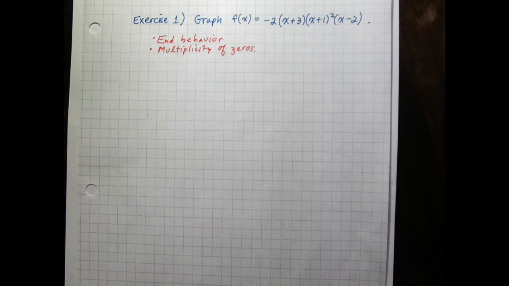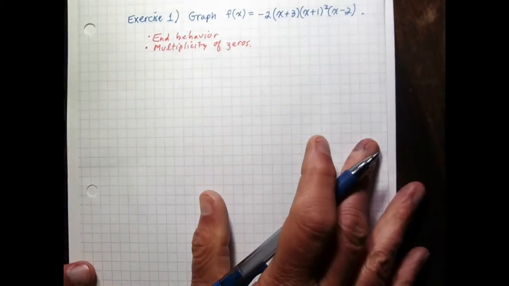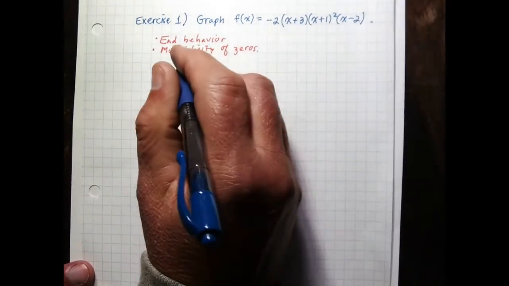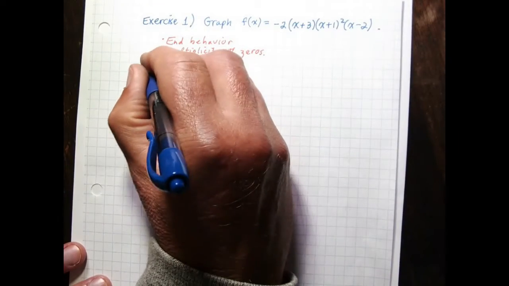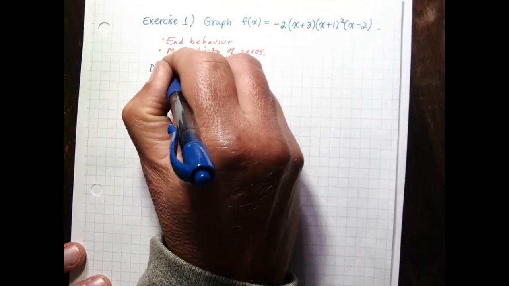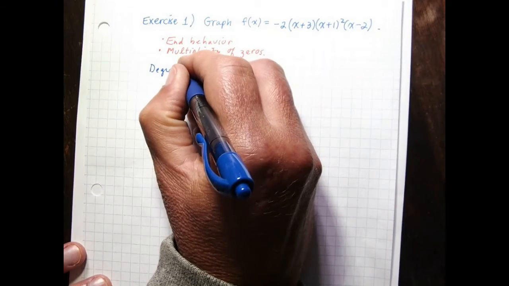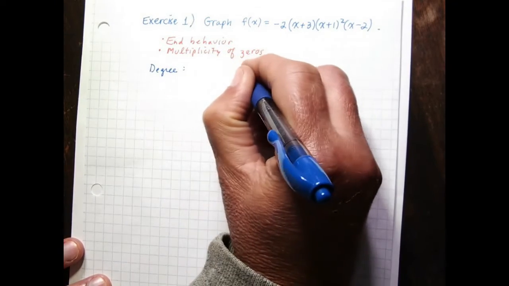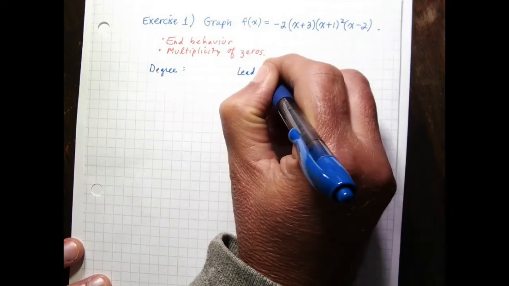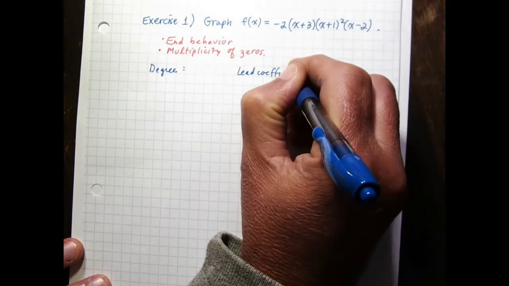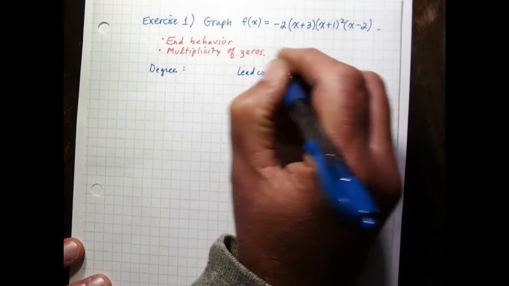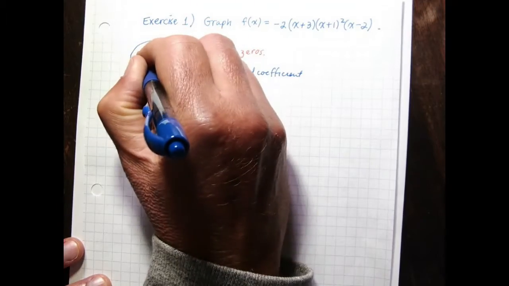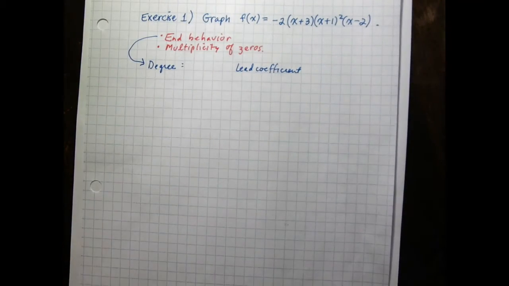Now, maybe end behavior first of all. We need to decide what the degree of this polynomial is and what the lead coefficient is. That's for the end behavior analysis.